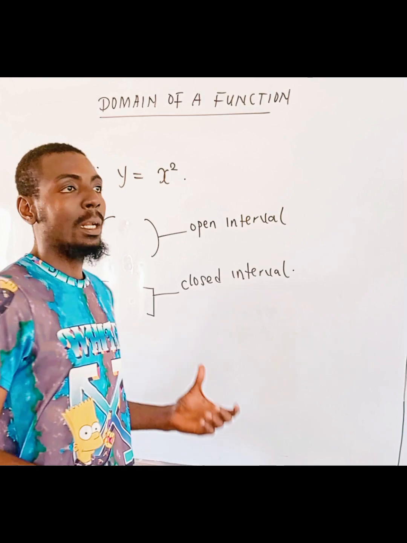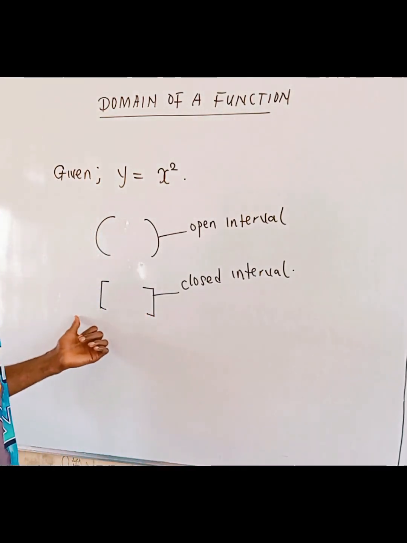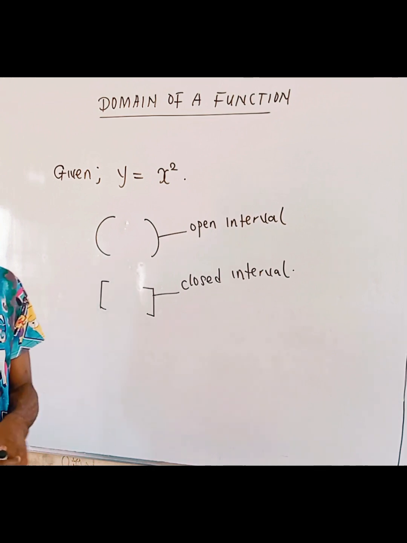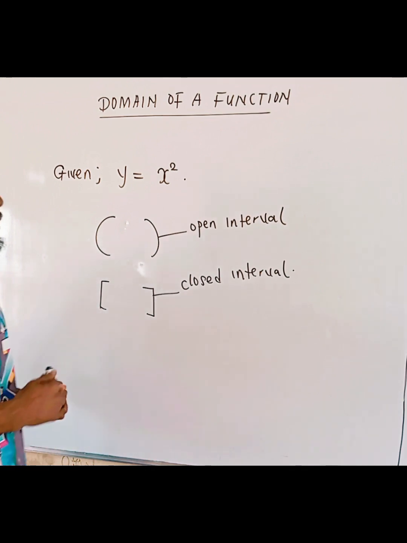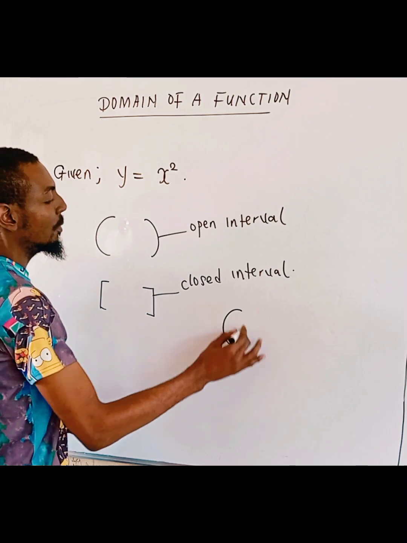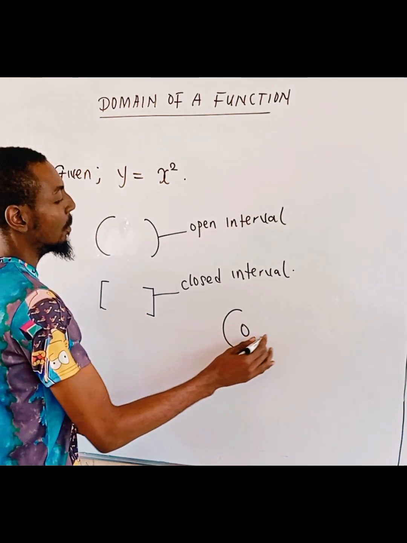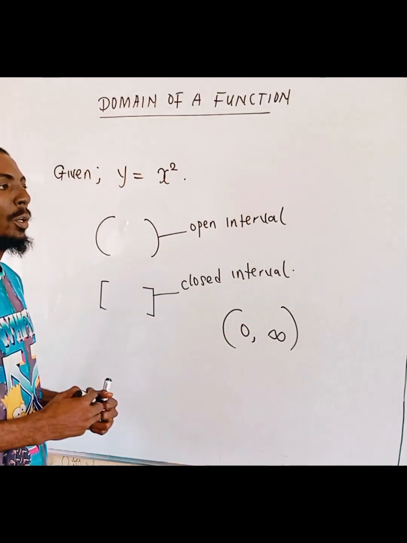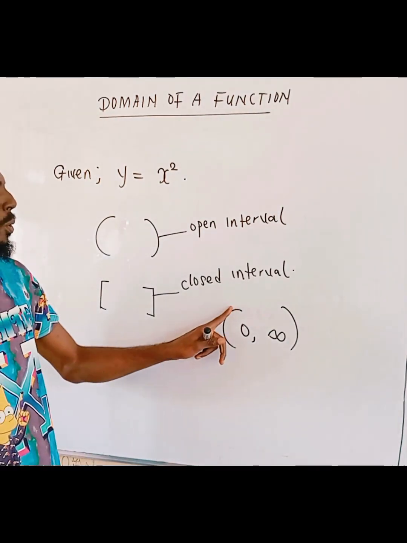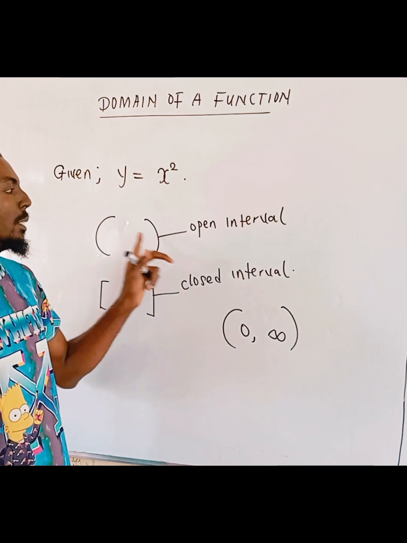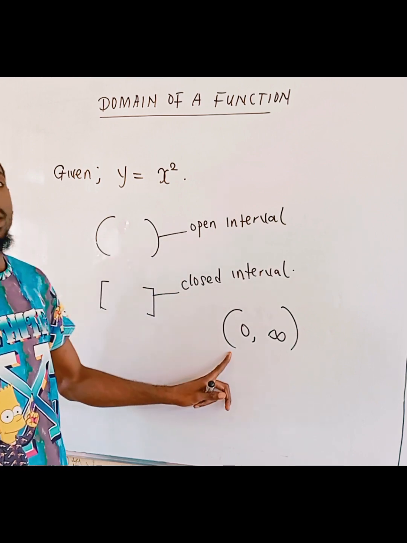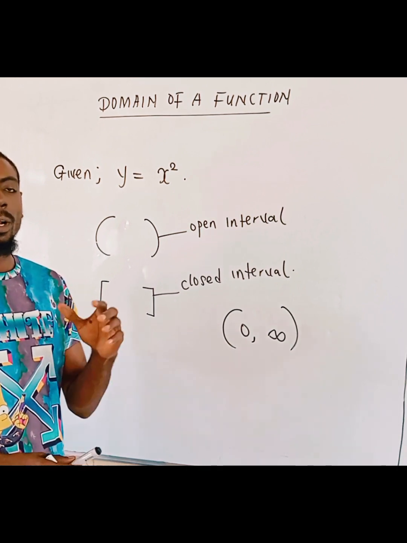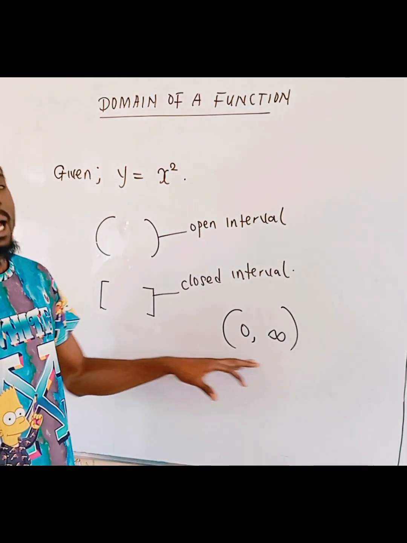Then when we want to say that a particular number defines the function, we use the closed interval. For instance, when I have (0, infinity), because I use the open interval here, it means that 0 does not define that particular function that has this as the domain.